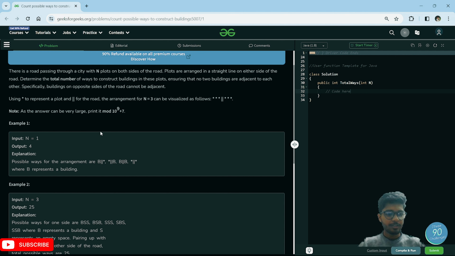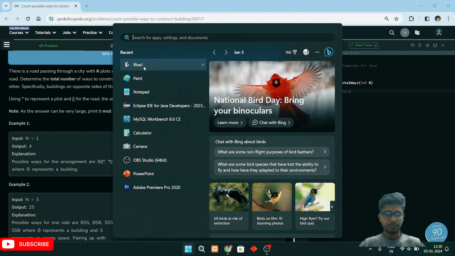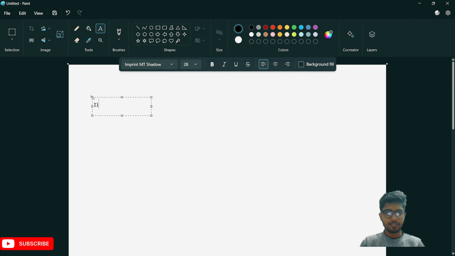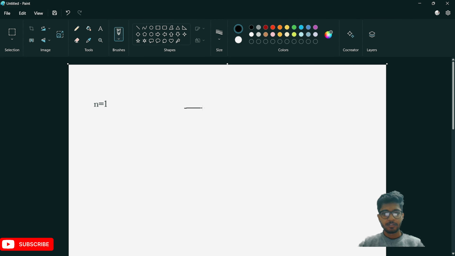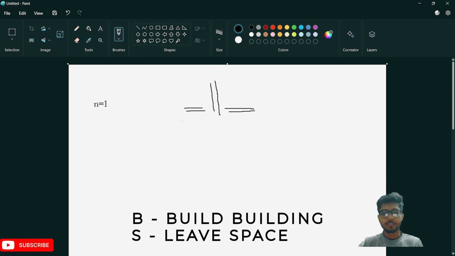Now let's take some example for better understanding. So when n is equal to 1, that means we have only one plot. This is a road and these are the two plots. So what are the possible combinations of construction? Here we can build a building or we can leave it blank.